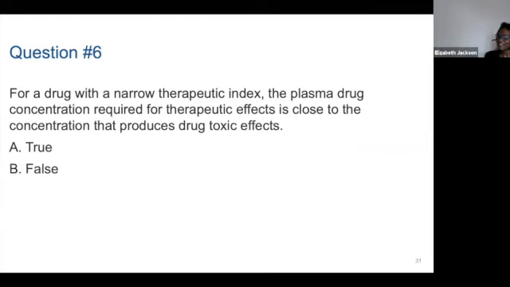We have another question. For a drug with a narrow therapeutic index, the plasma drug concentration required for therapeutic effects is close to the concentration that produces drug toxic effects. Is this true or is this false?